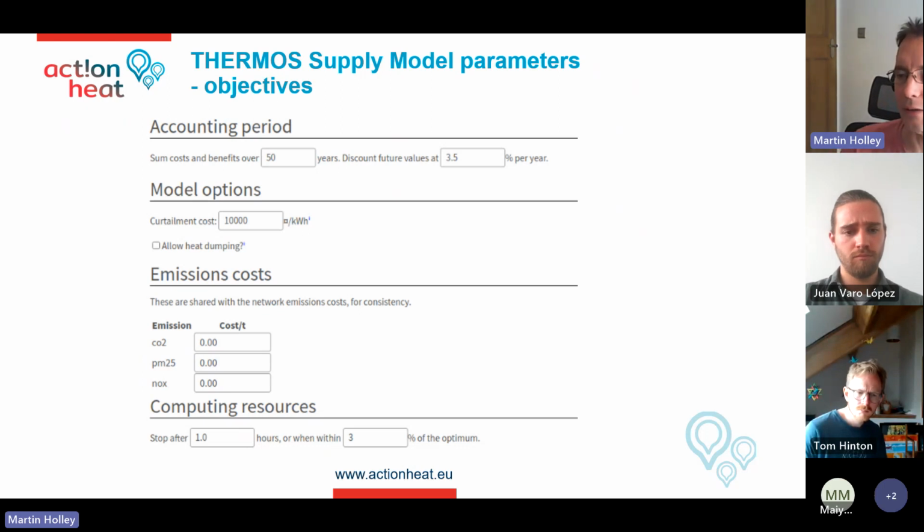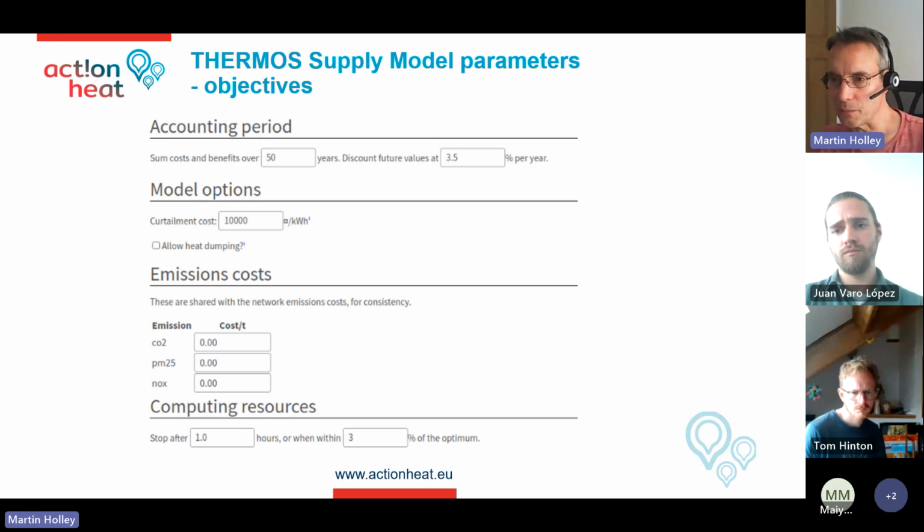So this is where if you've got CHP, for example, you can decide whether the system will be electricity led or heat led in the way it's operated. And then, of course, emissions: you can set costs of emissions there on which the model will base the outputs.